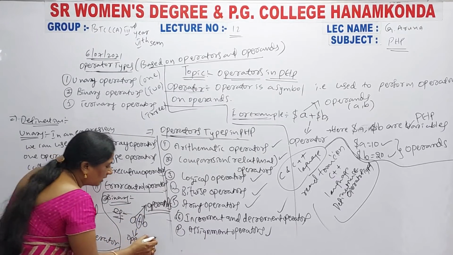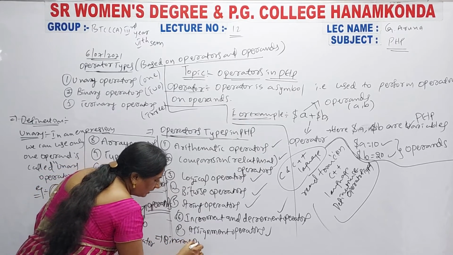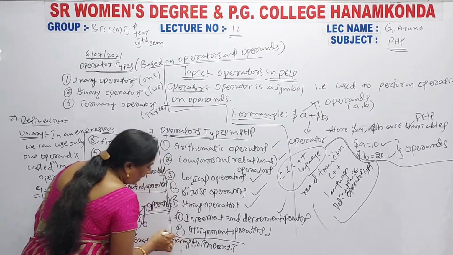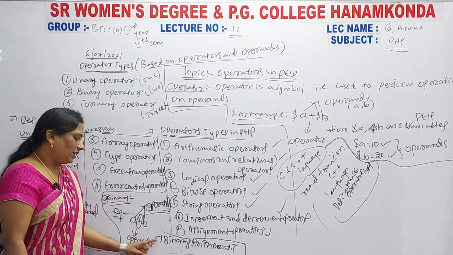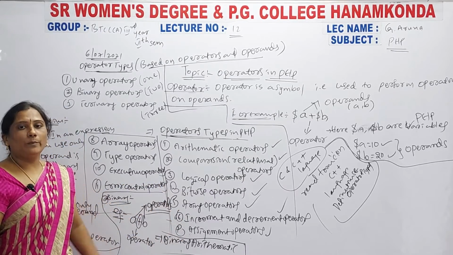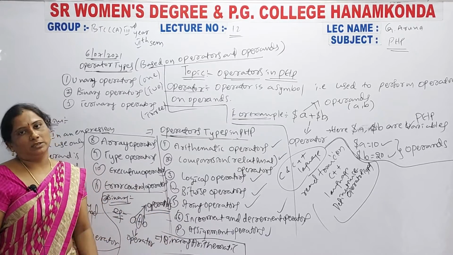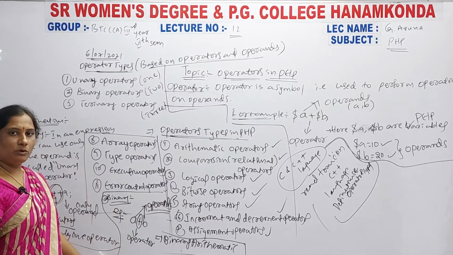Why is the plus called binary arithmetic here? Because it is an arithmetic operator, and it works on two operands, so it is a binary arithmetic operator.